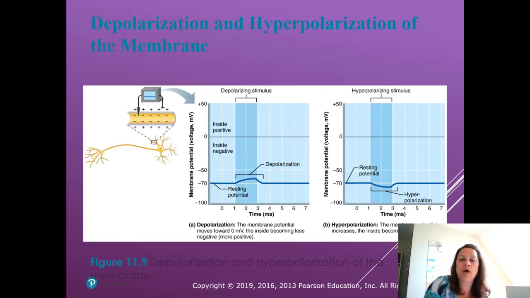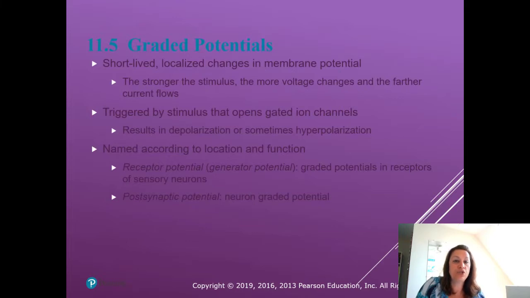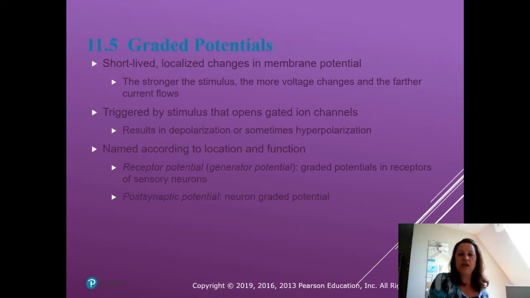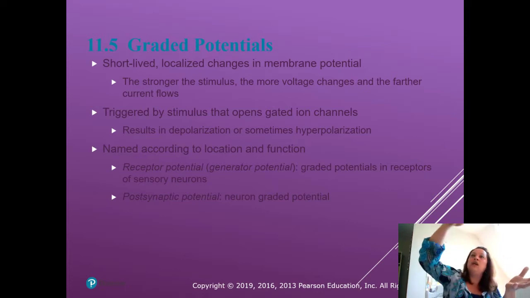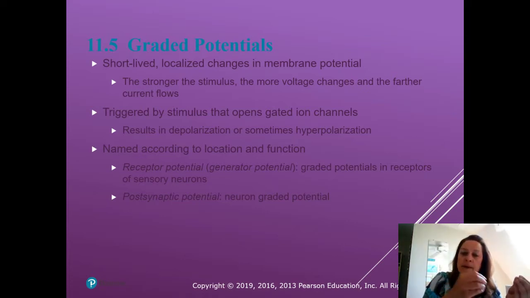What we're talking about on the right-hand side is a picture of the electronics of what's going on inside the neuron. So when we talk about these little graded potentials, they're little changes in membrane potential that are triggered by a stimulus that are going to open those gated ion channels. It's either going to increase or decrease the polarization inside the cell.